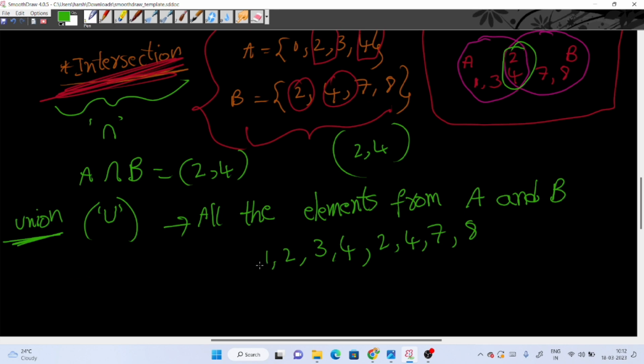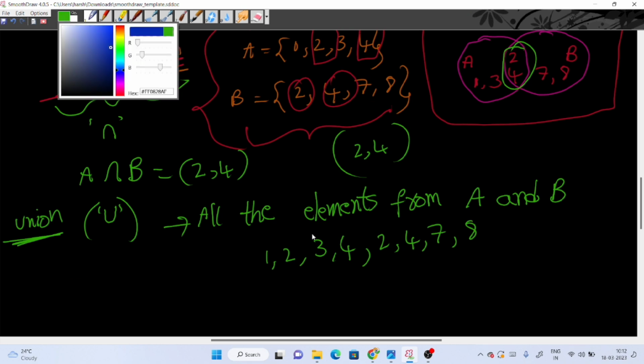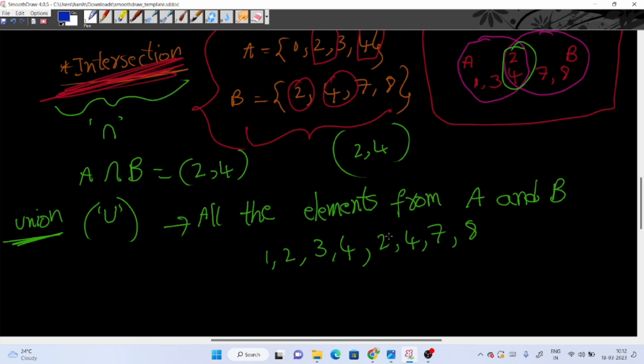So 1 is present one time, so no need to change anything. 2 is present 2 times, so we remove one 2. 3 is 1 time, so no need to change. 4 is 2 times, so remove one 4. 7 is 1 time and 8 is 1 time. So the final output will be A union B equal to {1, 2, 3, 4, 7, 8}.